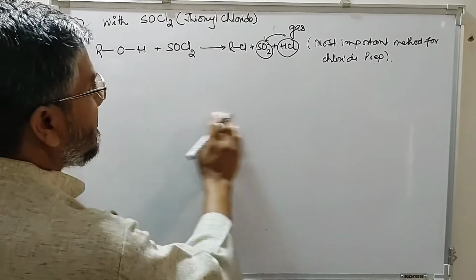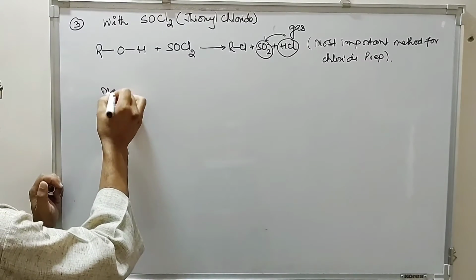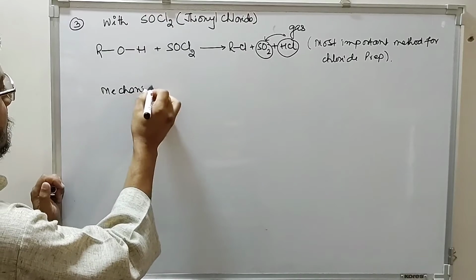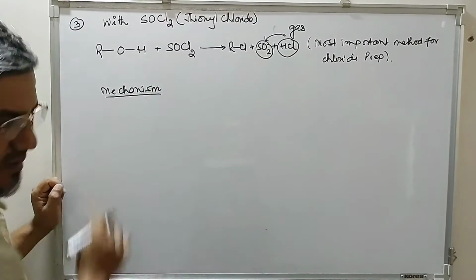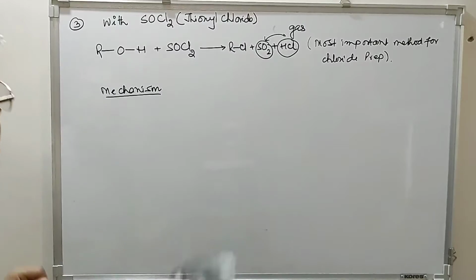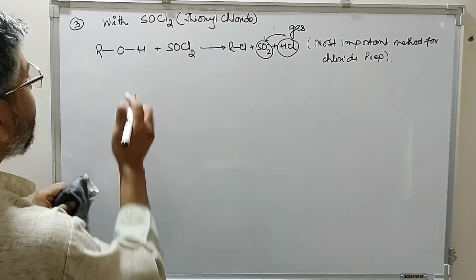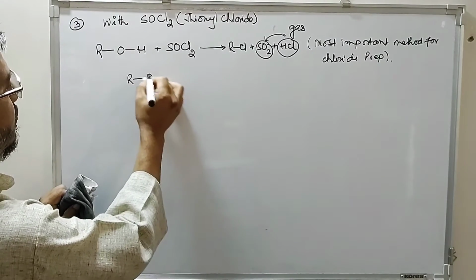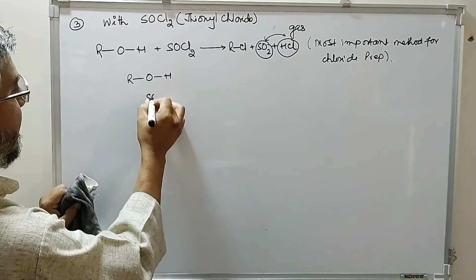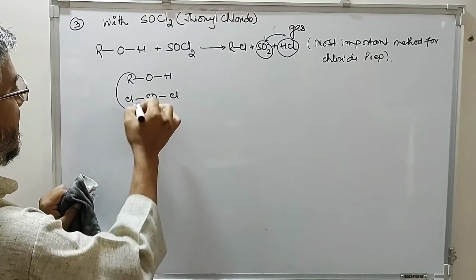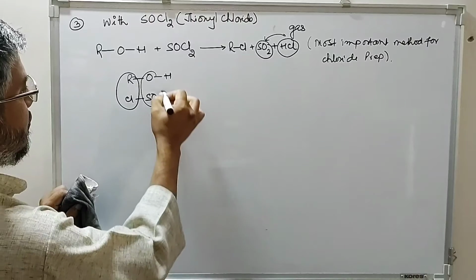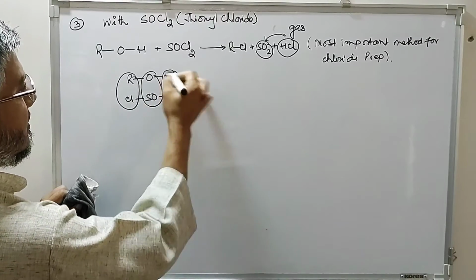Now let me give you the mechanism here. So we have looked at this. How to remember this reaction? We have this ROH, then we have SOCl2, so RCl, SO2, HCl.